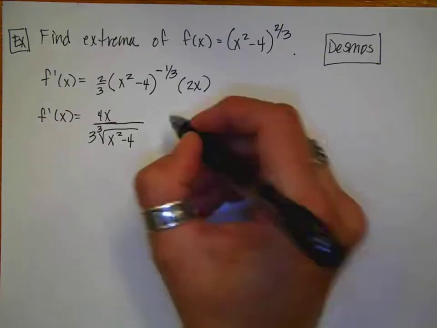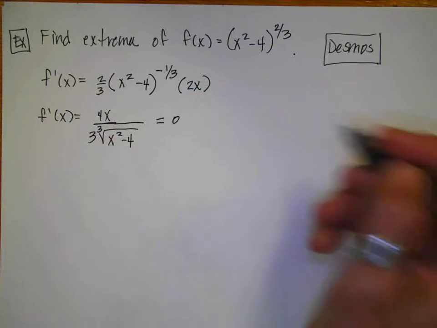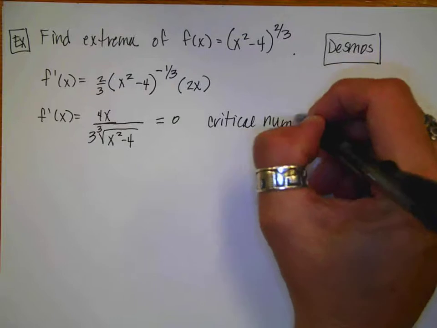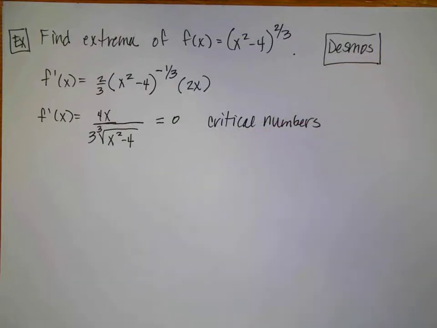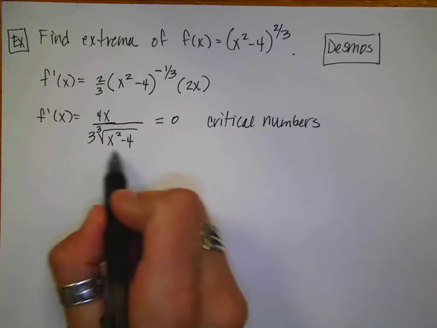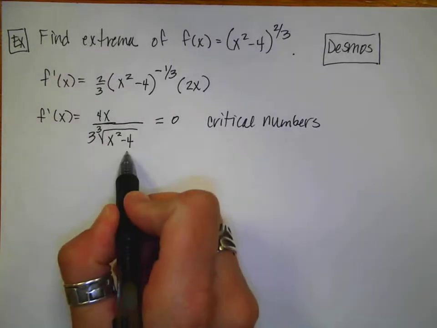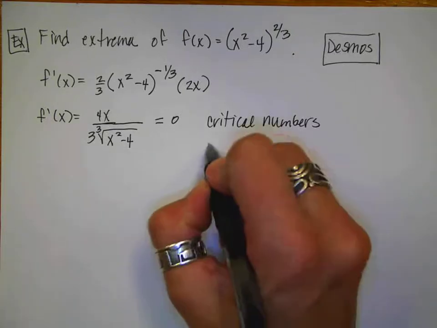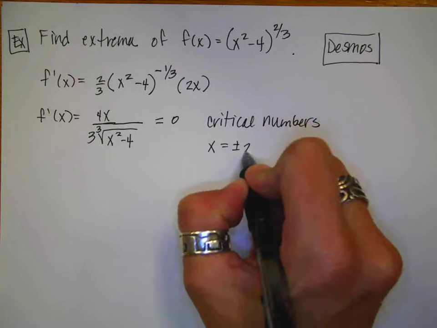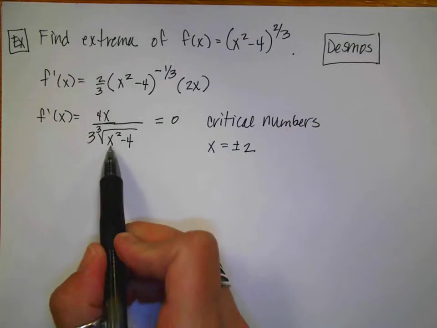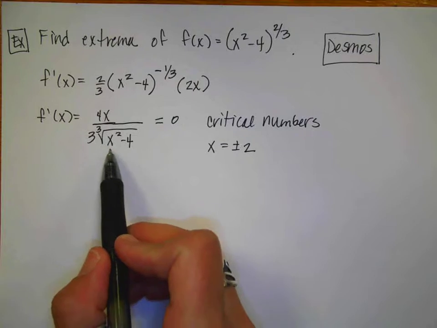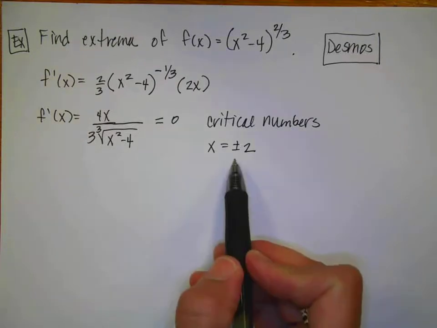Alrighty, so I'm going to set this equal to 0, and I'm going to find my critical numbers. But before I do that, I also want to consider not only where the function is 0, so I can solve for 0, but I also want to consider what makes the denominator be undefined, because the world would explode. So if x is plus or minus 2, and I square it, then I'm going to get the cube root of 0, which is not a big deal, but it is when it's in the denominator.